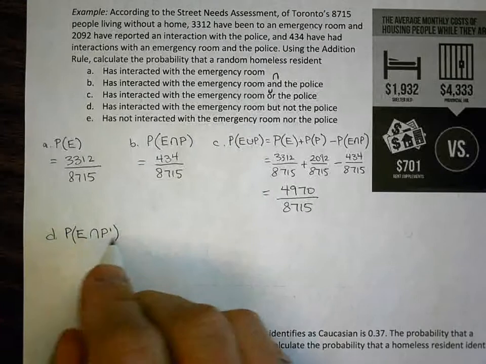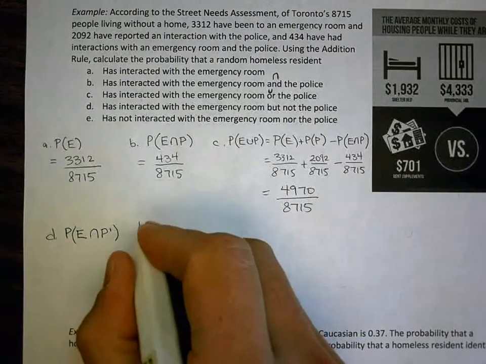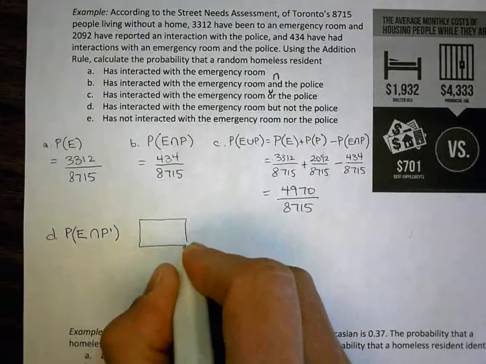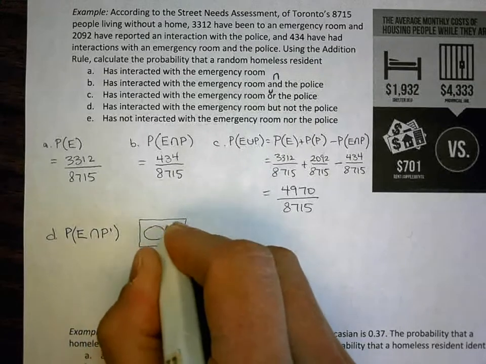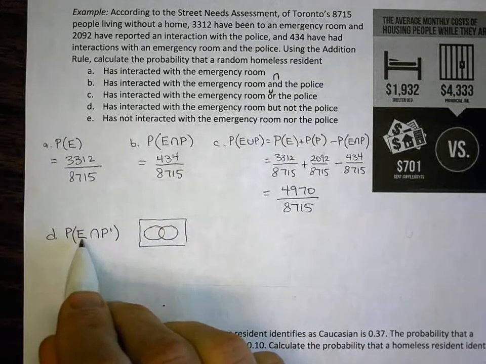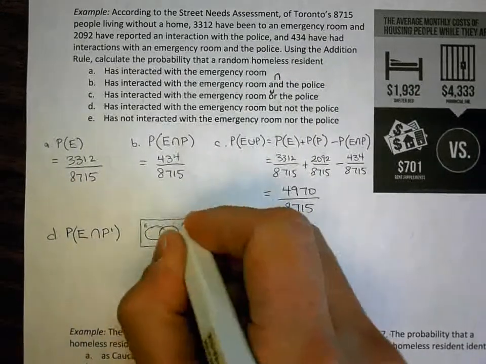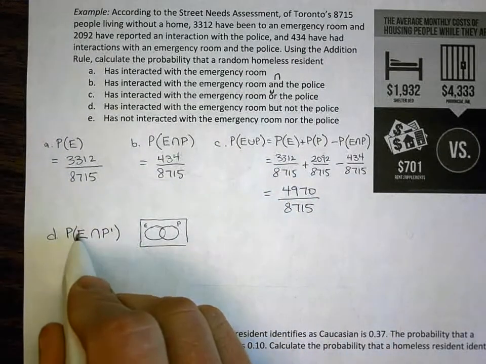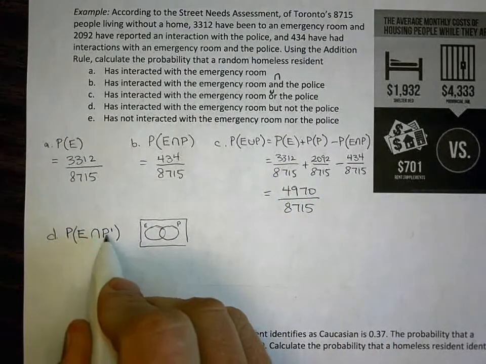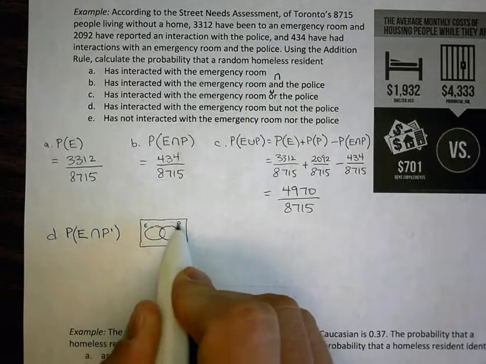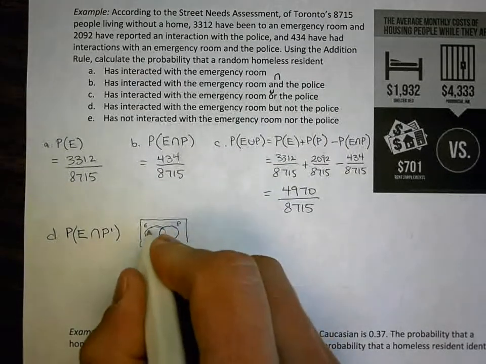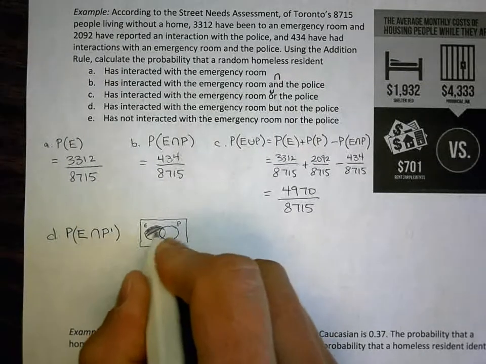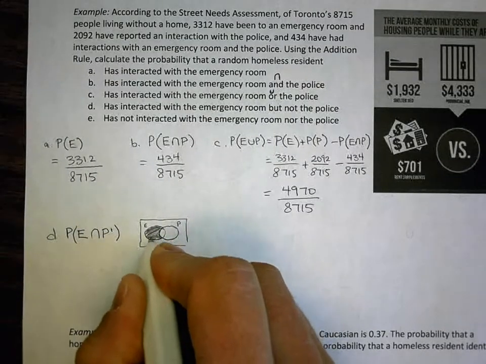Now you did this the other day. Imagine the Venn diagram, just to help you out here. Let's say emergency room is here and police is here. So this is all of E. Where does it overlap with not P? Not P is everything outside the P circle. So there would be this, I like to call it the crescent. It would be everything that's just E, but not P.